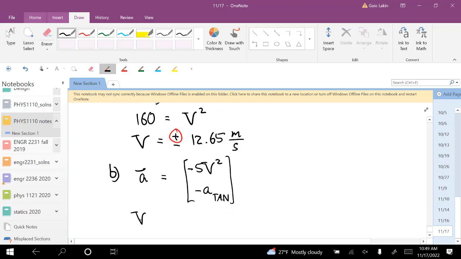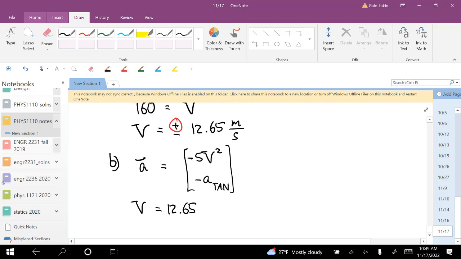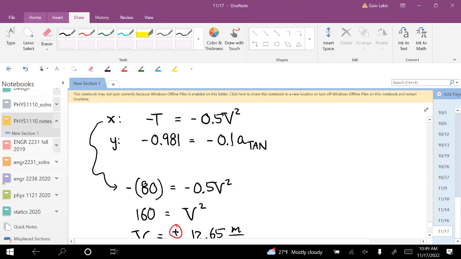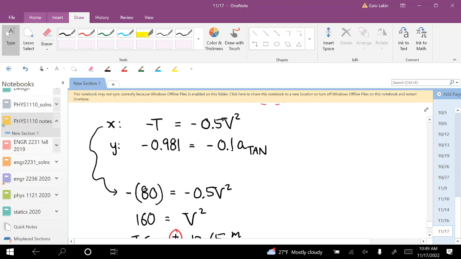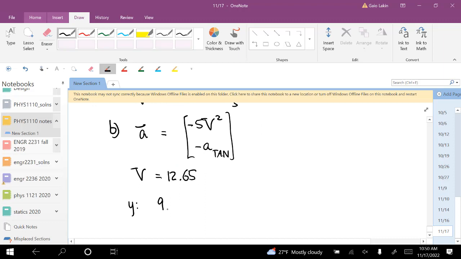We know now that v is 12.65. The y equation from Newton's second law says negative 0.981 is equal to negative 0.1 a tan. So we can multiply both sides by 10, and we get 9.81 is equal to a tan. I guess multiply by negative 10 to get rid of that negative.